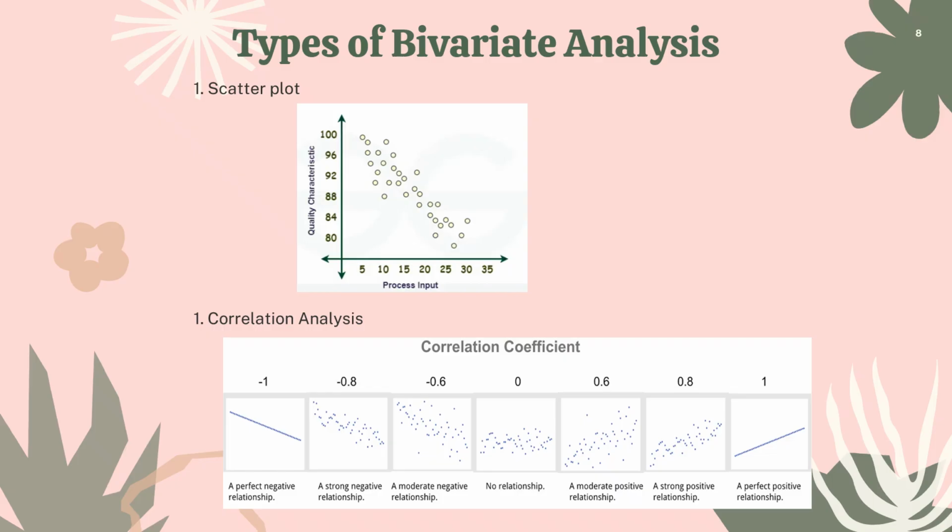Visual tools like scatter plots make it easier to observe how the variables move together or whether the relationship is weak, moderate, or strong. Bivariate analysis often serves as the stepping stone toward more advanced multivariate modeling.